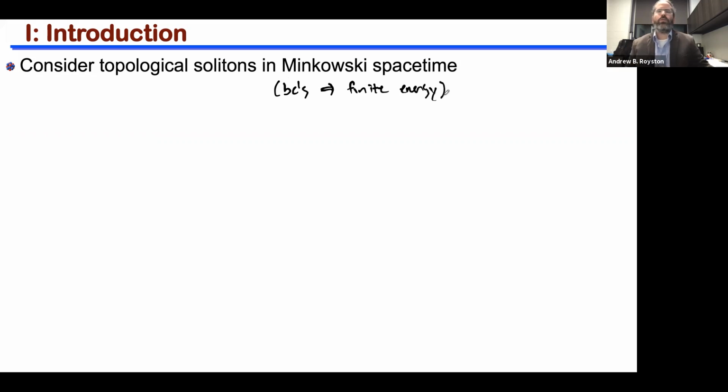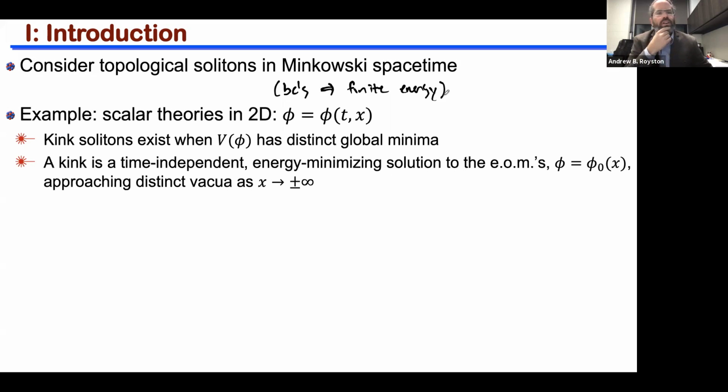And the topological charge labels different components of the field configuration space of finite energy solutions. And we're going to be mostly focusing on probably the simplest example in this class of theories.